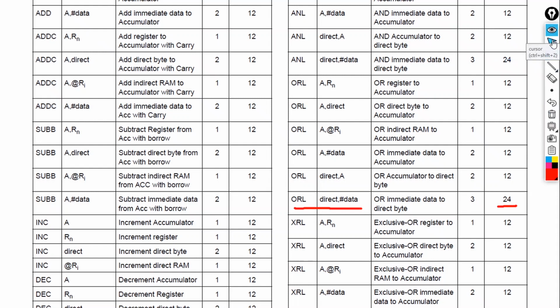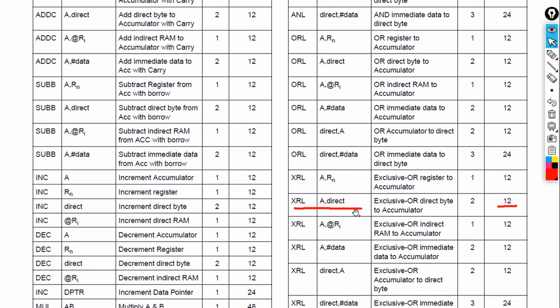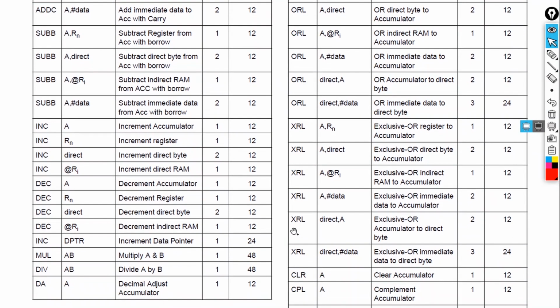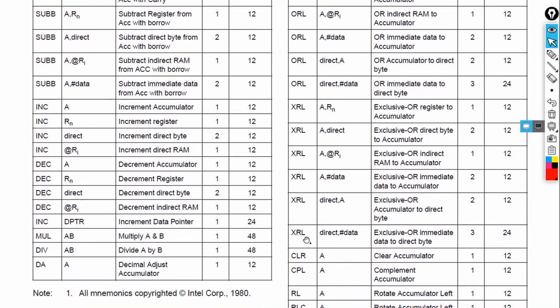Again for the XOR operation, we have two machine cycles. Now if you observe our multiplication and division operations, the total number of machine cycles required is 4, because the clock period here is 48.